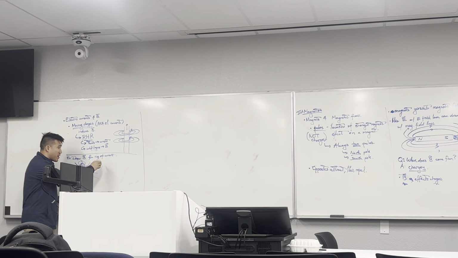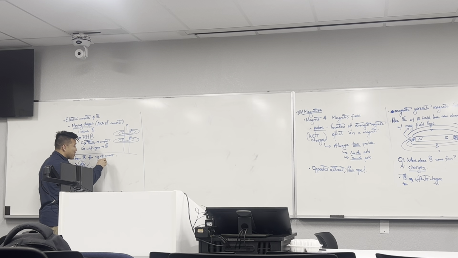Now, let me remind you guys of some of the notation that we discussed before. Recall, we use a dot or a circled dot for out of page. Do you guys remember this? Or we use an X or X circled for into page.